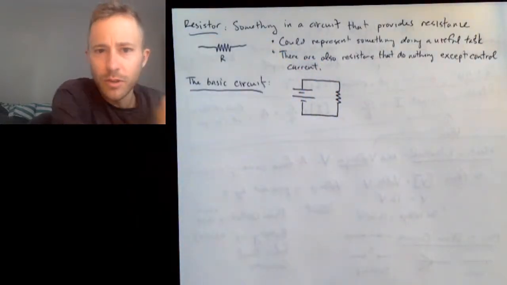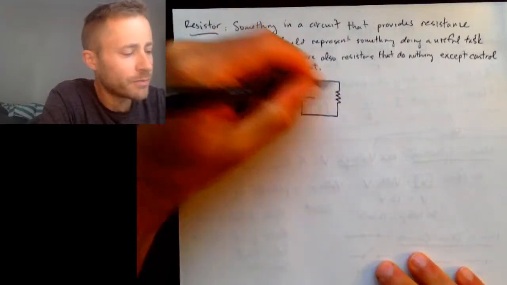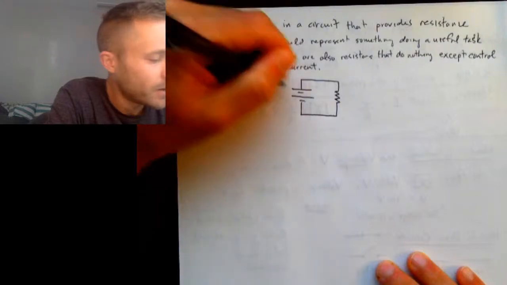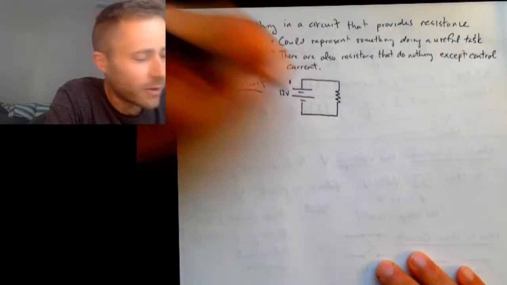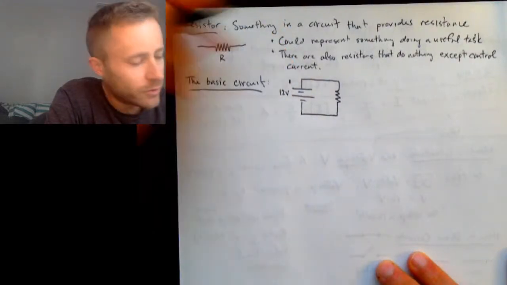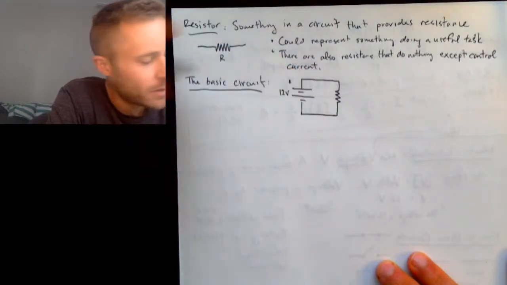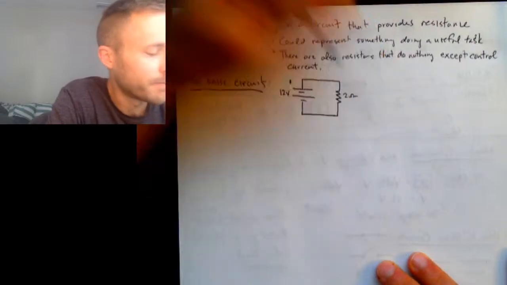This circuit would take two wires, a resistor, and a battery. Let's say it's a 12-volt battery, and let's suppose that the resistor is a 2-ohm resistor.